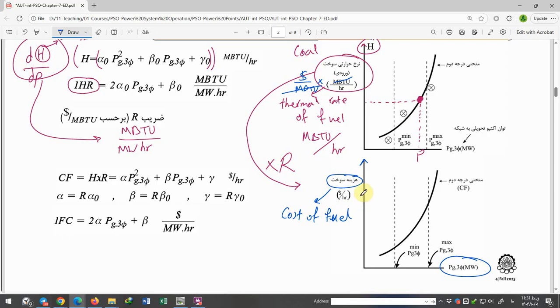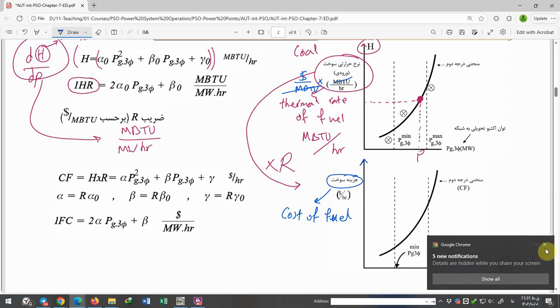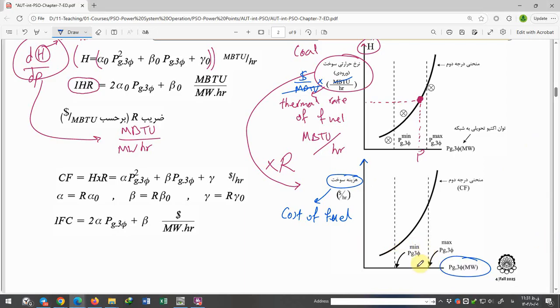That means how much money you spend in an hour for producing a specific active power.